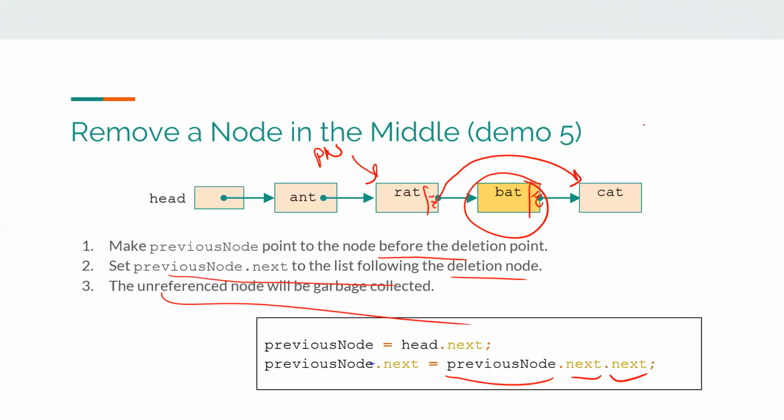So the only way you're going to be able to do that is by pointing to the previous node, because that's the node at which you can access the next field in this node, so that you can redirect it so it points to cat.